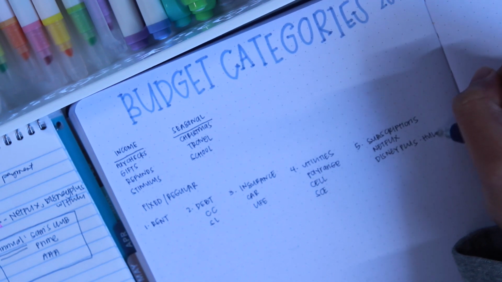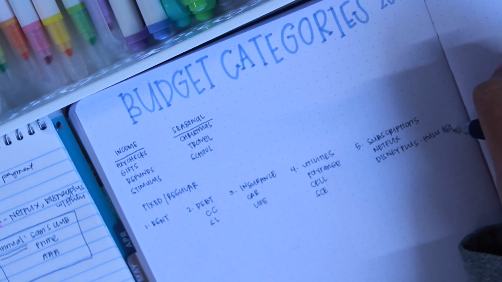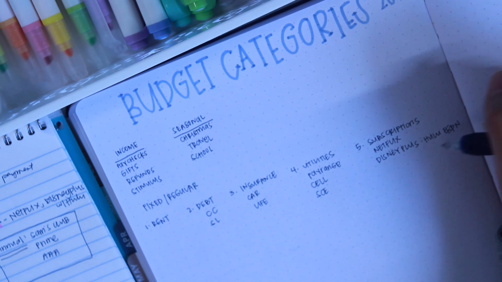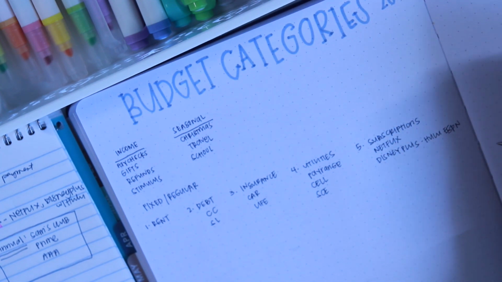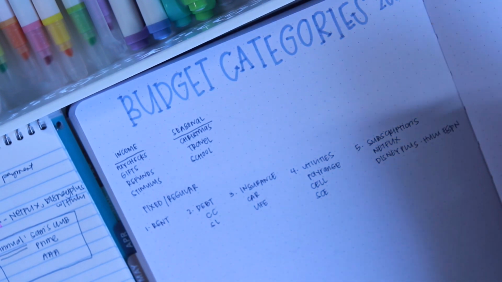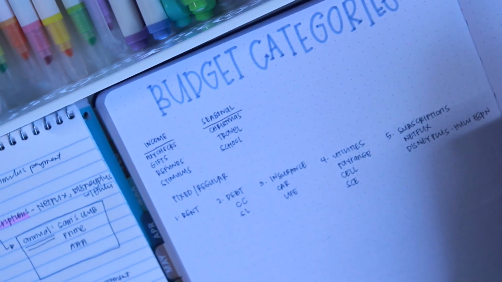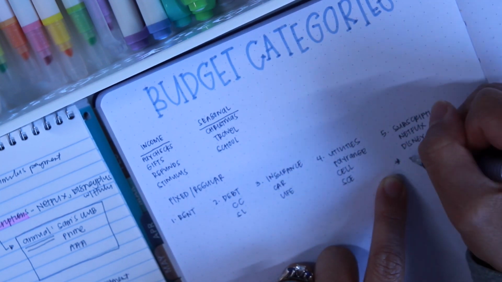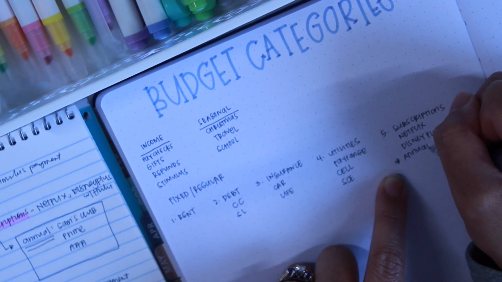So I'm just going to put Hulu, ESPN. They did increase it by $1, which I'm totally fine with. It was $12.99, and now it's going to be $13.99. We don't have regular cable or TV or anything like that. We just stream.